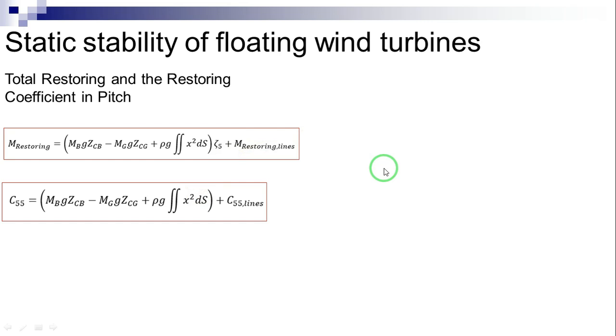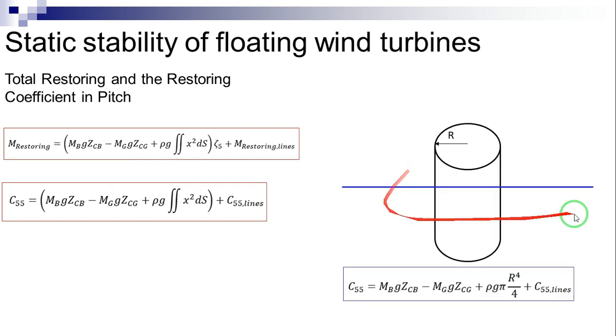This equation shows that the restoring moment that the structure experiences is proportional to the offset in pitch. The restoring coefficient is that coefficient of proportionality and is given by this equation. For a surface piercing cylinder with a radius r, the equation above is evaluated to give the following expression.